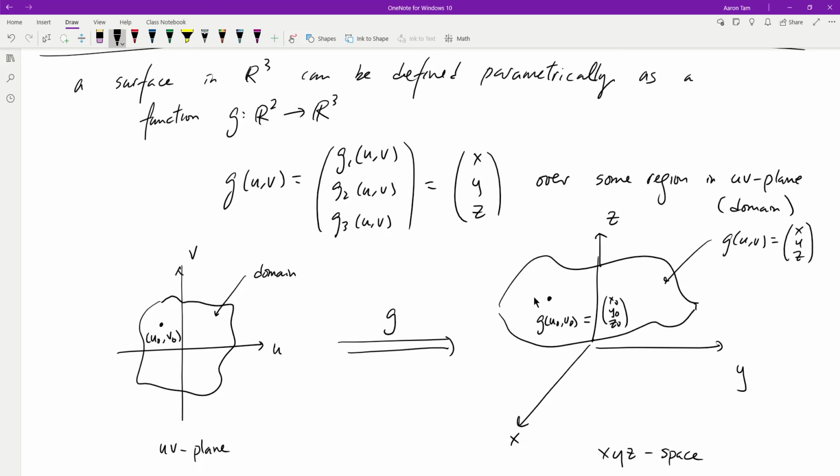Now, let's see if you remember. What if I draw a horizontal line and a vertical line through this point? Notice that the horizontal line would be v equal to v sub 0, and the vertical line would be u equal to u sub 0. The question is, what happened to these two lines? These two lines have a name, and hopefully you remember.